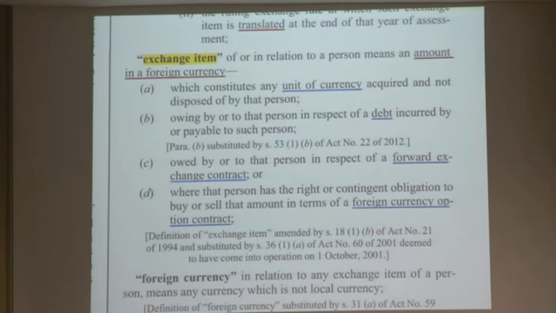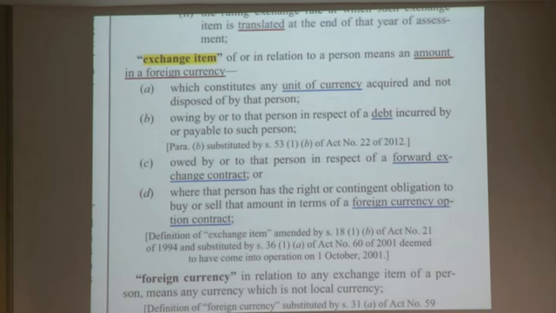Please remember, if you see the word debt, it can be debt owed to you or debt owed by you. So it can be an asset or liability perspective. As long as it's in a foreign currency amount, we're going to do exchange differences. And then number C is my forward exchange contract, and number D, my foreign currency option contract.